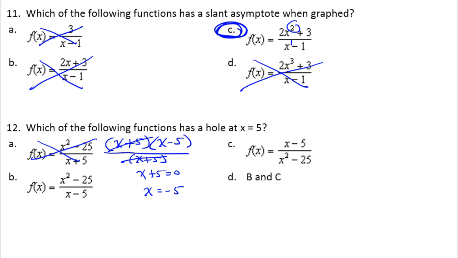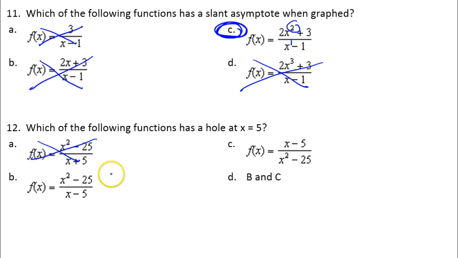Okay, what about B? Okay, for B, again, I'm going to have x plus 5 times x minus 5. All right, this is the difference of 2 squares. In the denominator, I'm going to have my x minus 5 still.